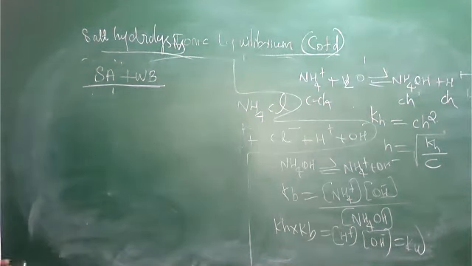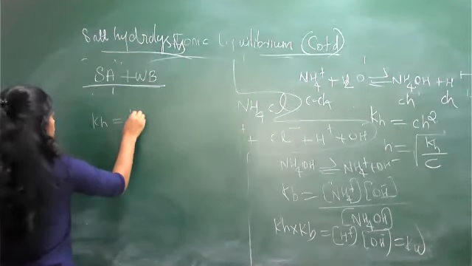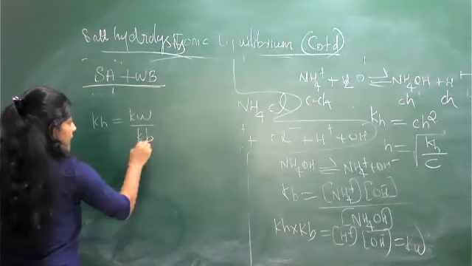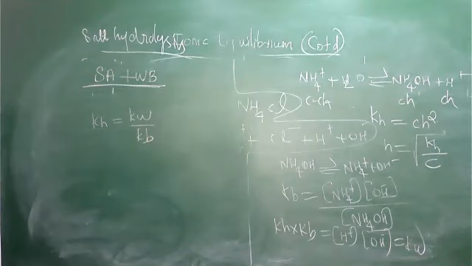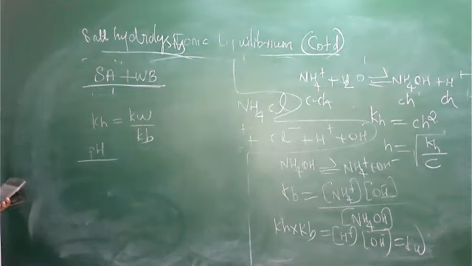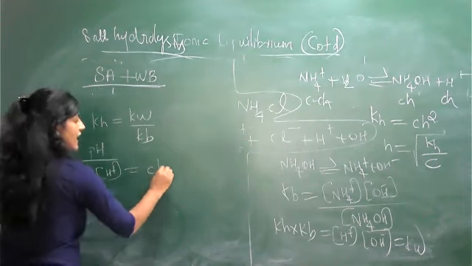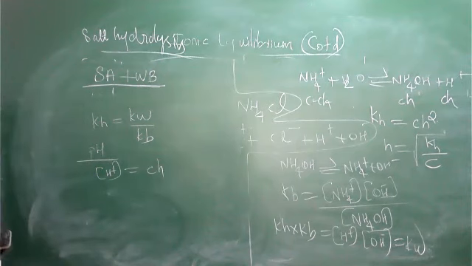Tell me, students. So here, Kh is equal to Kw divided by Kb. Now we can find out pH. What about the pH? Concentration of H+ is equal to Ch, na? From the equation, Ch. Then find out the remaining.